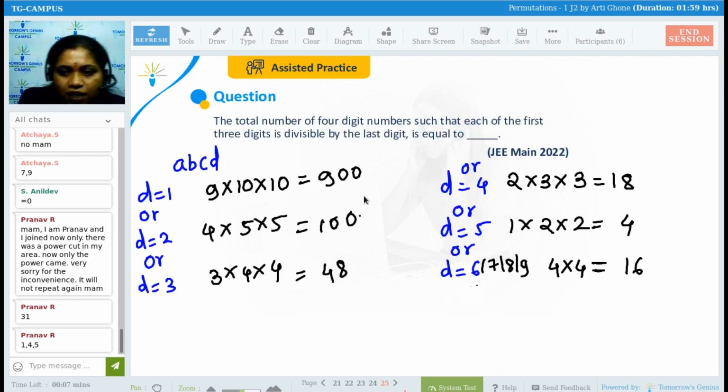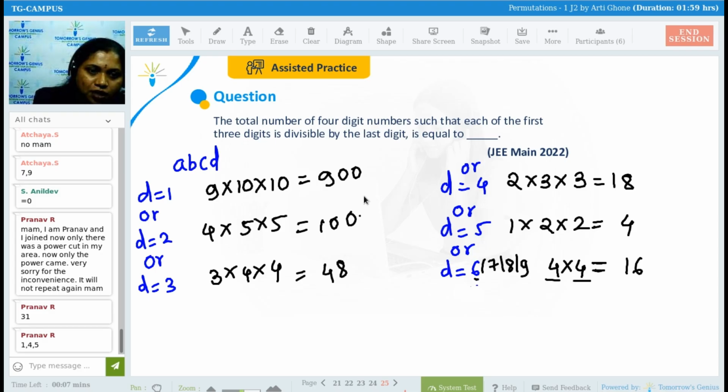See here. Now see, we are considering the divisibility of three numbers. So 6, 8, 9 are the factors of another number. But these four numbers are divisible by themselves only. So it is 4 into 4. These 4 digits are divisible by themselves. So it is 4 into 4, 16 is added as the last count.